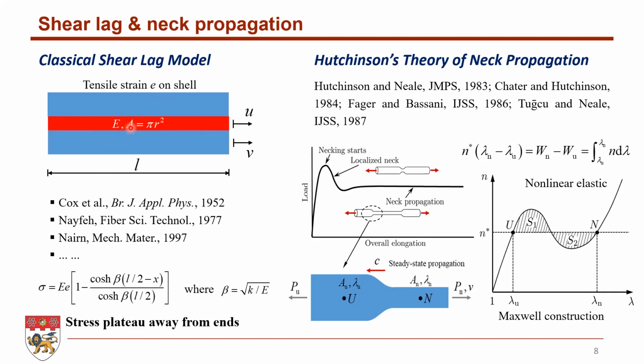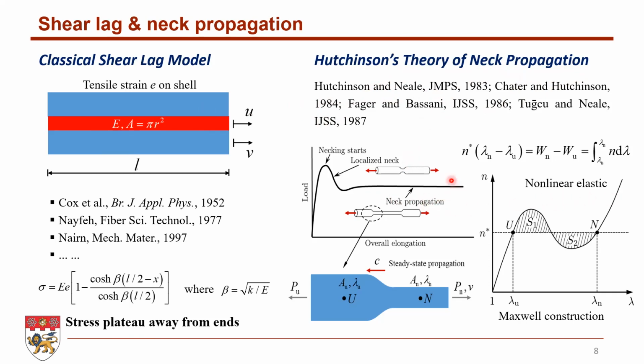So that's exactly why we introduced the theory of neck propagation. Hutchinson and Neale first gave a systematic study on the neck propagation phenomenon for several different materials. Here, for simplicity, we just take the simplest necking material, which is nonlinear elastic.